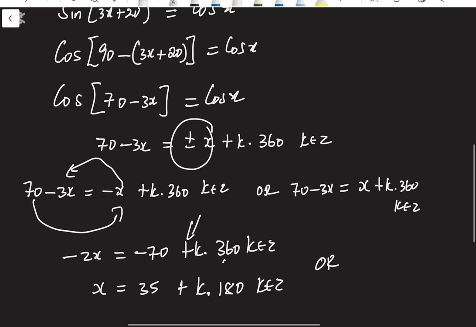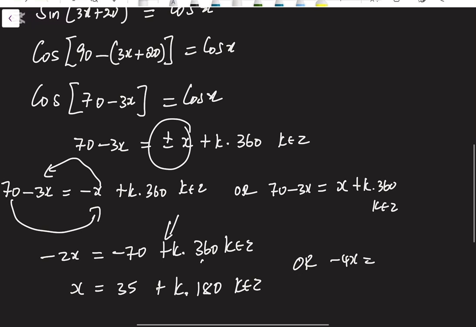Or negative 4x is equal to, transpose this 70 again. It will be negative 70, and then plus k multiplied by 360. K belongs to all integers. Now, divide everything by 4.